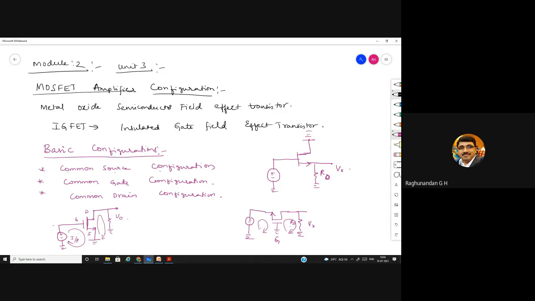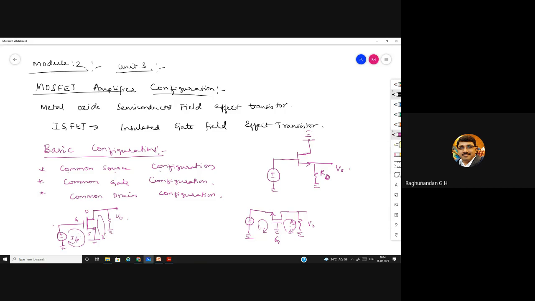That means input and output signals have a 180-degree phase difference. In the CE configuration also we say input and output have a phase difference of 180 degrees. Here also the same thing happens, but it is known as common source.